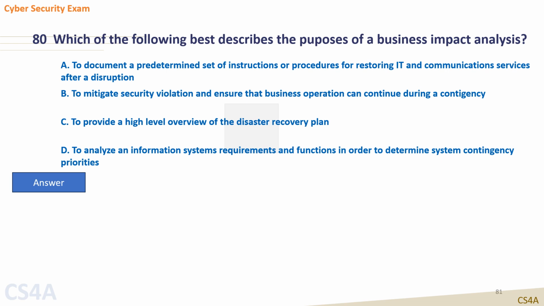Option D is to analyze information system requirements and functions in order to determine system contingency priority. That's the main purpose of business impact analysis. It gets the detailed business operations, checks which ones are priority, and what the impacts of a business disruption are. So everything is planned in the business impact analysis. Option D is the correct one.